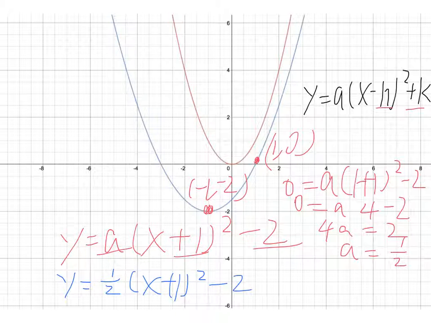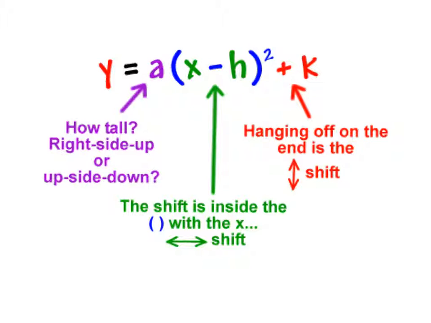So let us recap. What do we notice here? This formula, y equals a times (x minus h) squared plus k. A is the change in amplitude. It determines how tall this function is, how much it shrinks, and also whether it's opening right side up or upside down.